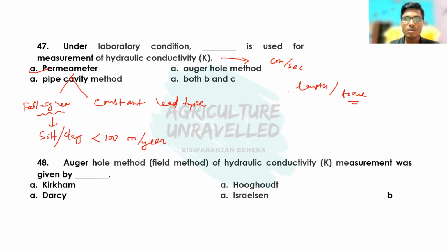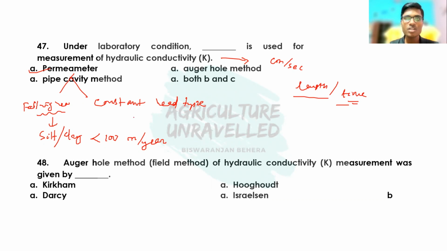The unit of hydraulic conductivity is length per time, so here the unit is meter per year. So if the hydraulic conductivity is less than 100 meter per year, then falling head permeameter is used, and it is used in case of silt or clay type soil.